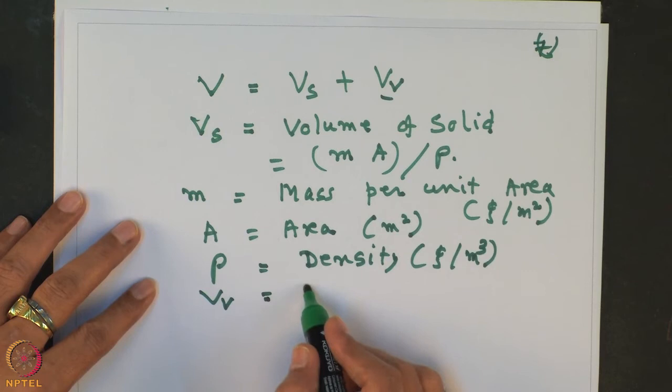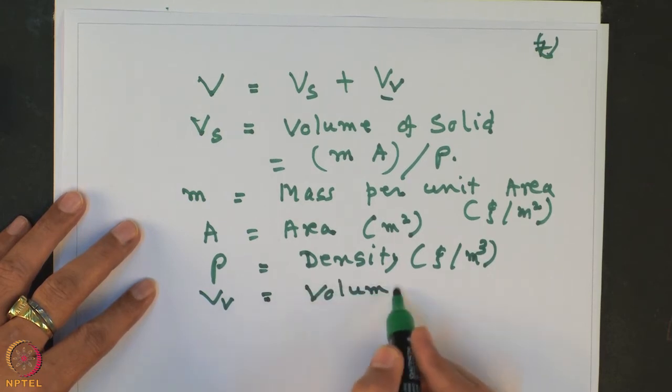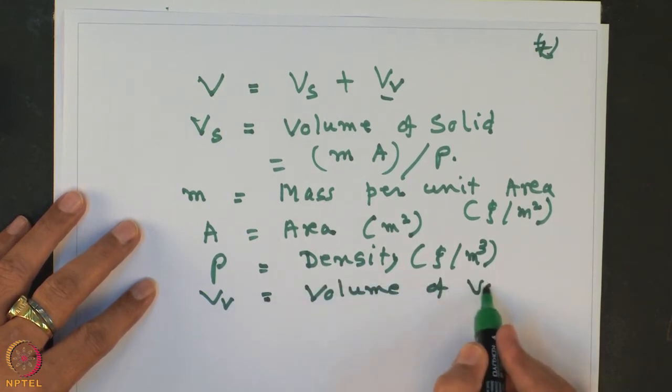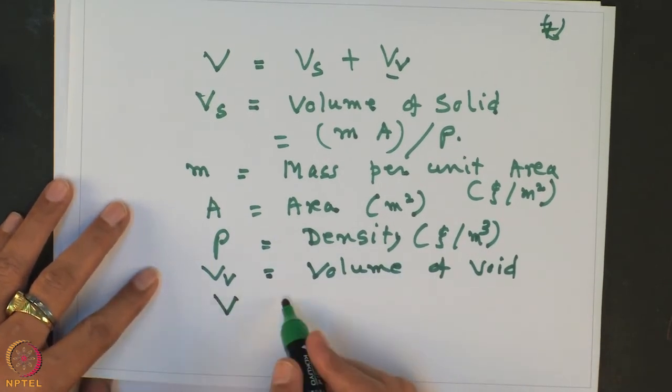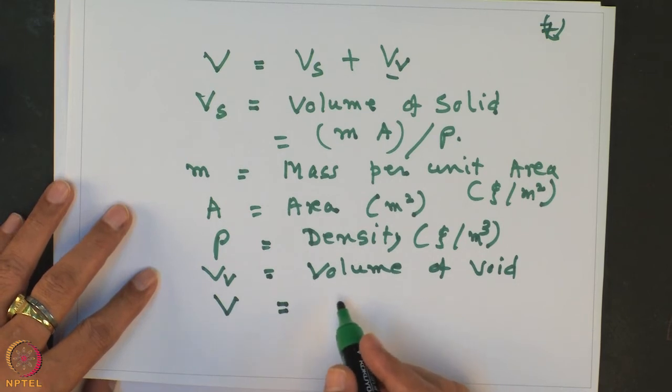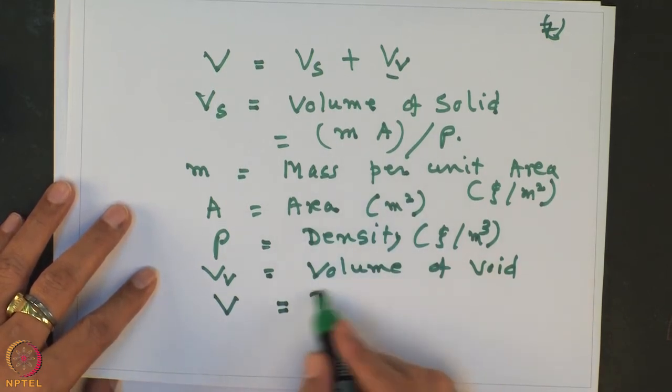And Vv is the volume of void. This Vv is the volume of void, and so total V will be, that means this is the total volume.